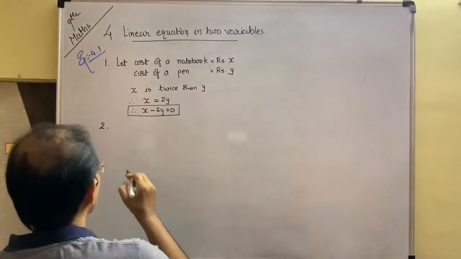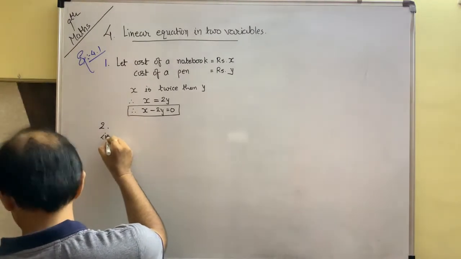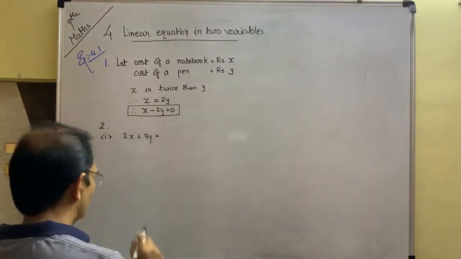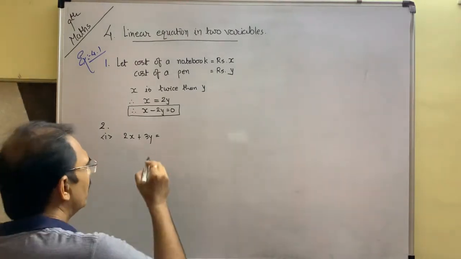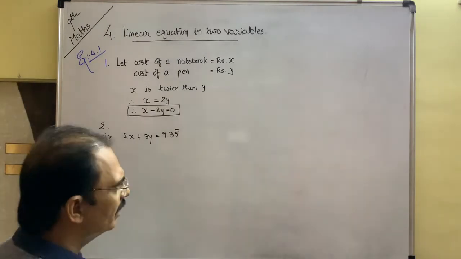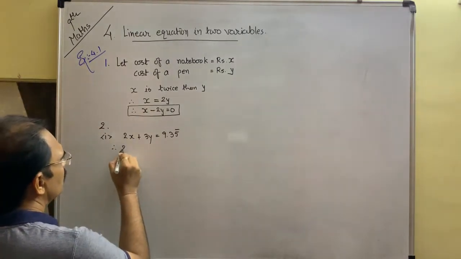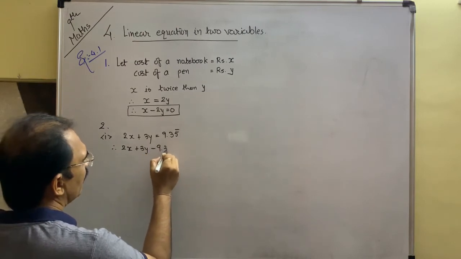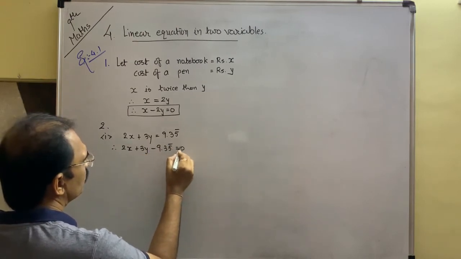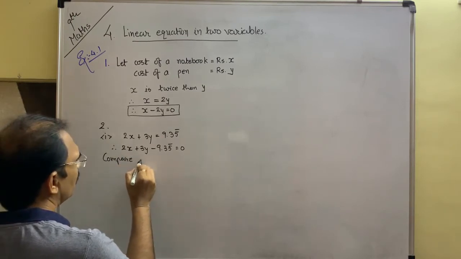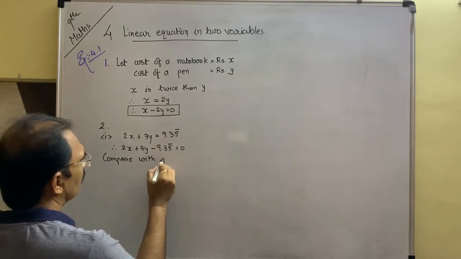The first question is 2x plus 3y equals 9.35 bar. This is 2x plus 3y, take this term this side, minus 9.35 bar equals 0. This is standard form.